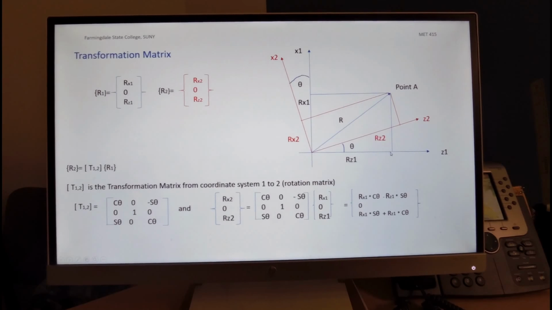Now, this value is Rz1 times the sine of theta, which is this component over here. So if we take this value and subtract from it this value, we will get Rx2. So Rx2 equals cosine theta times Rx1 minus sine theta times Rz1.